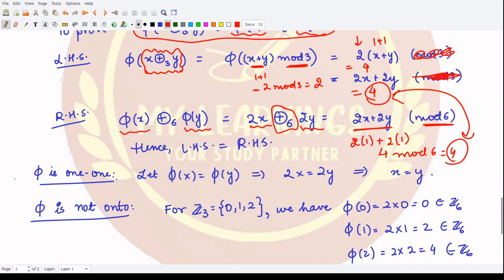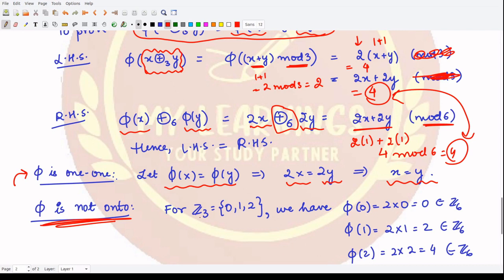Phi is also one-one, because if phi of x is equal to phi of y, this implies 2x is equal to 2y, which implies x is equal to y. However, phi is not onto. Why? Because for onto we require a pre-image of every element in the range.